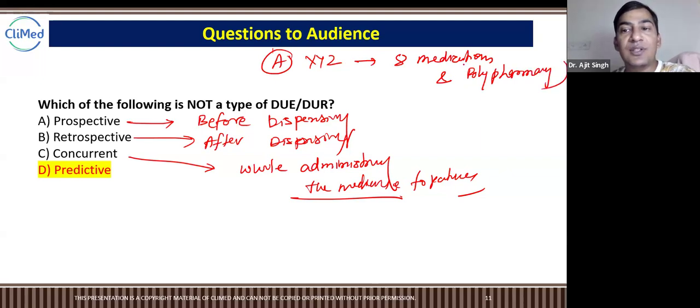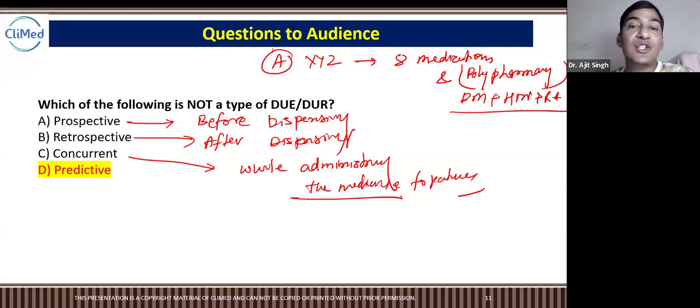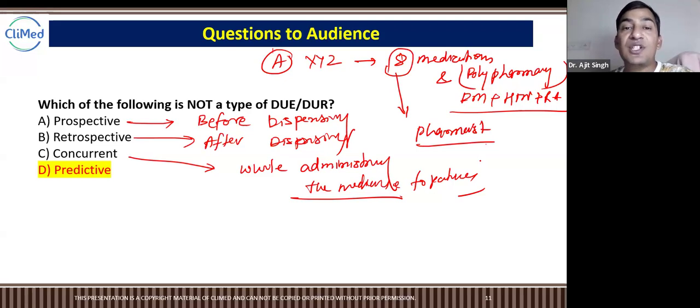Focus for the example. Polypharmacy, 8 medications, because the patient has 3 diseases: diabetes mellitus, hypertension, and rheumatoid arthritis. The doctor has written 8 medications, and the prescription goes to the pharmacist.